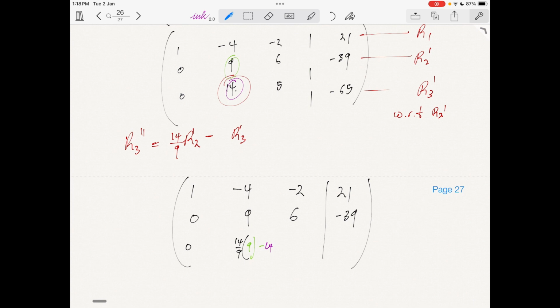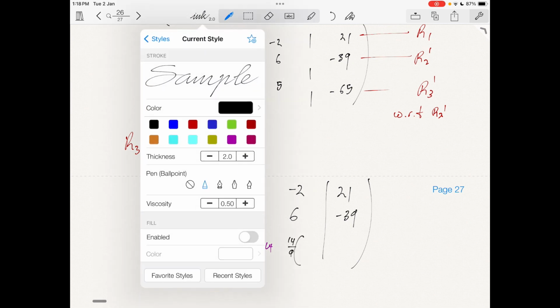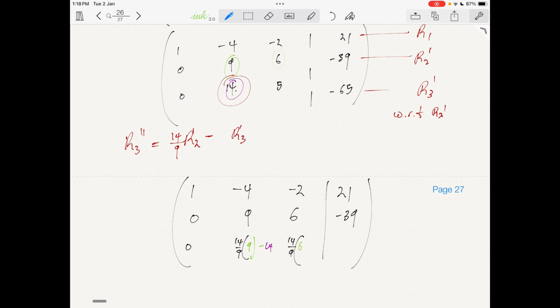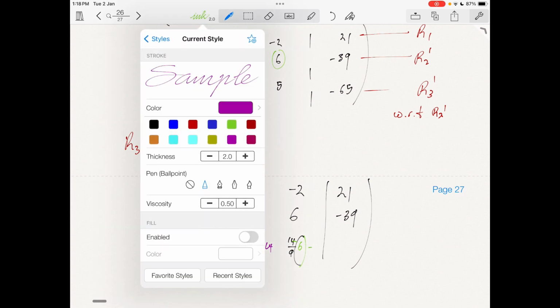Again, this is 14 over 9, our row 2 in this case is 6, and our row 3 is 5.